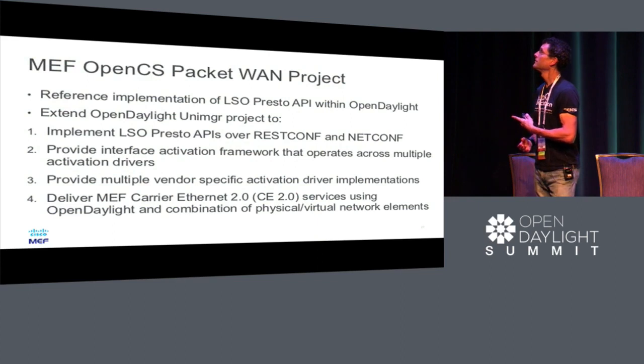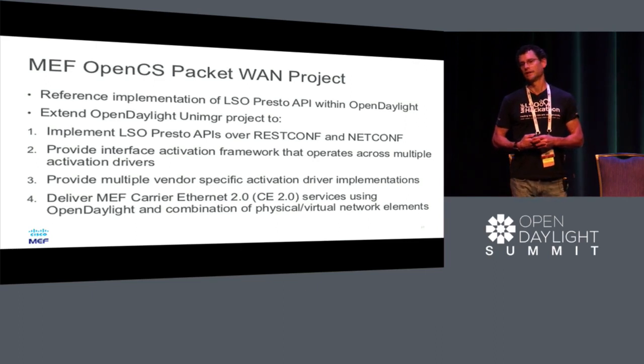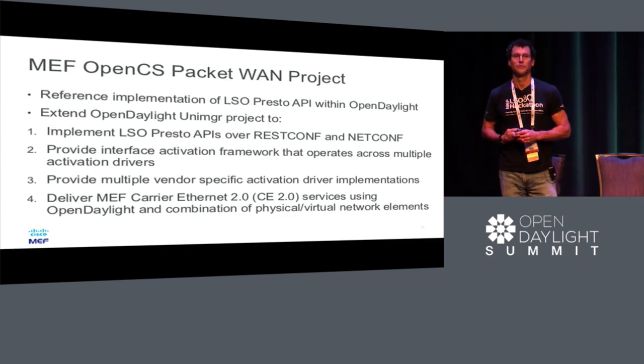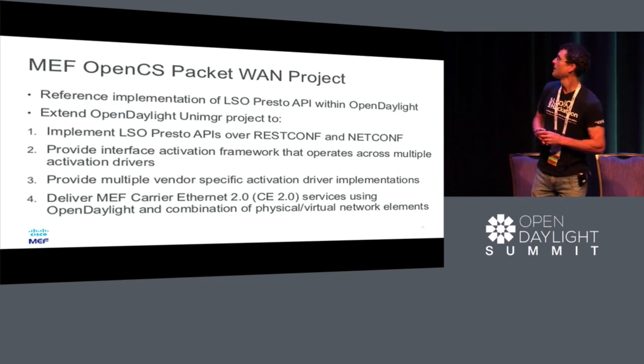So, the OpenCS Packet WAN project. This is one of the OpenCS projects, and there are several others, but I just wanted to highlight this one because it is specifically using OpenDaylight and adding support for the Presto API into OpenDaylight.